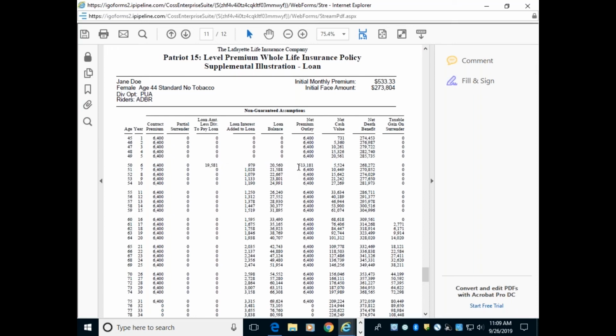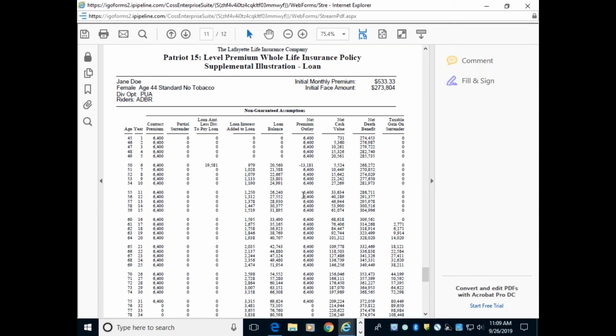So the difference is going to be $13,181. So your client will actually still receive $19,581 as their payment. So hopefully they don't get confused and think they're only going to receive a check for $13,181. This just tells you that because premium payments are coming into the policy, that's just the net premium outlay.